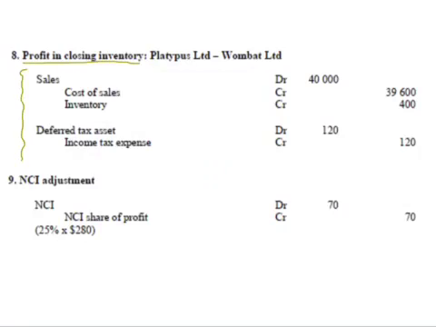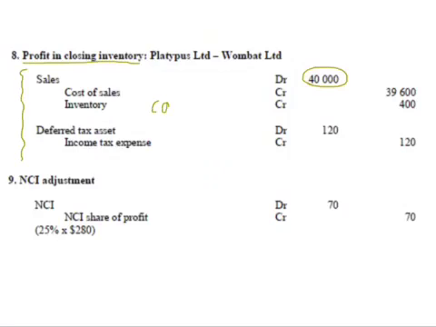So we were told that the sales was $40,000 when the subsidiary sold it to the parent company. So that's always a fairly easy adjustment where we just reverse the sales on group level. We were told that the markup is 25% on cost of sales.